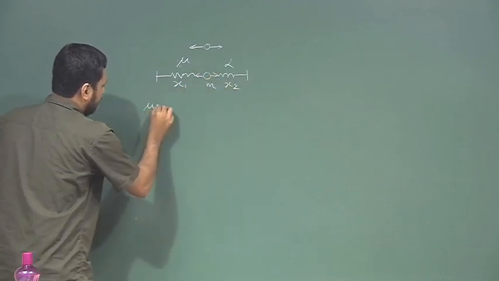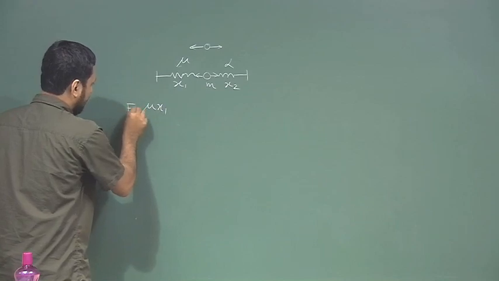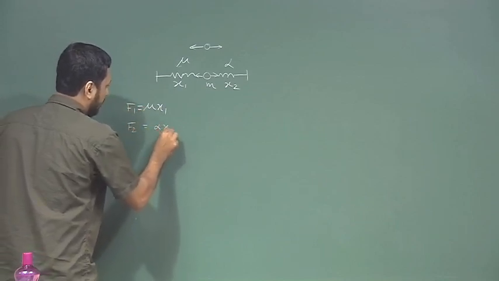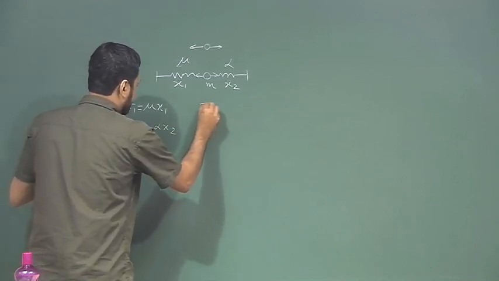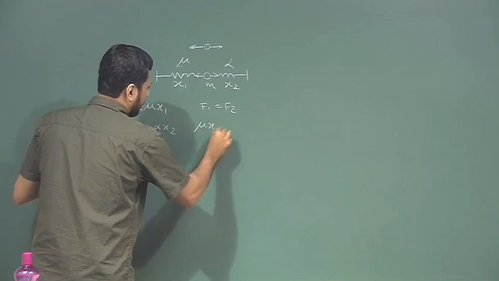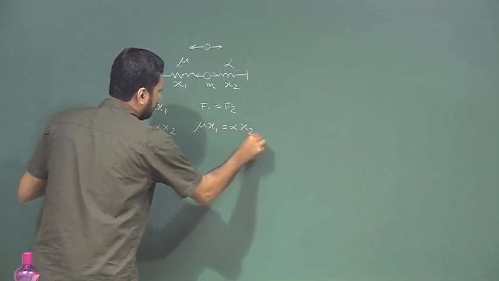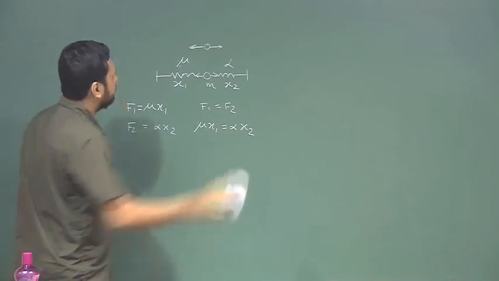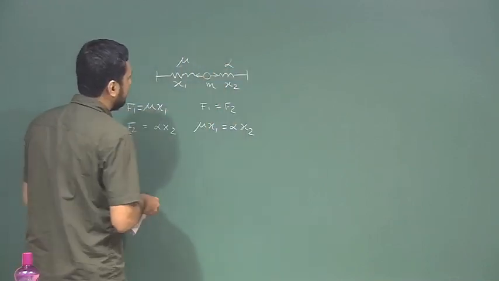So we have mu x1, that is F1, and F2 is equal to alpha x2. For equilibrium, F1 has to be equal to F2, which gives mu x1 equal to alpha x2.